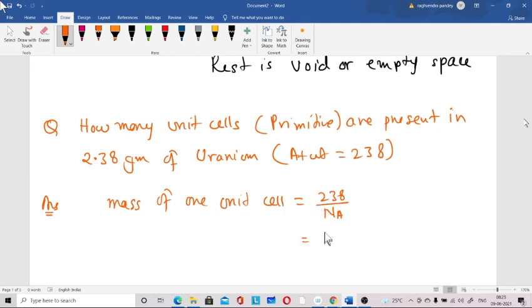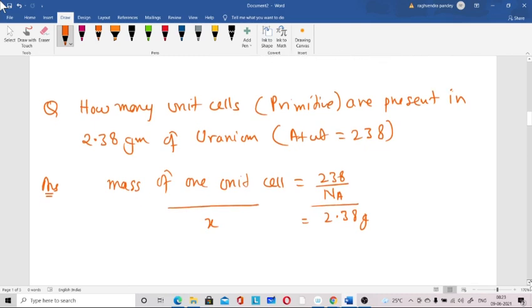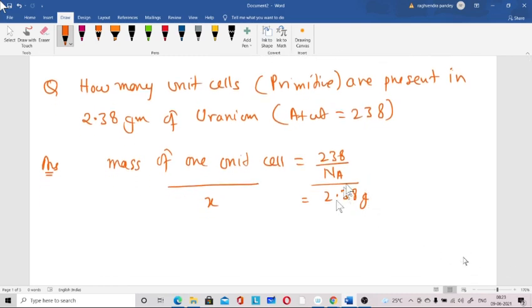So how many unit cells are present in 2.38 gram? Let's take it as X, and you can solve it like this. X is equal to 2.38 into Na upon 238. So that is 0.01 Na. It is simple. These many unit cells are present.